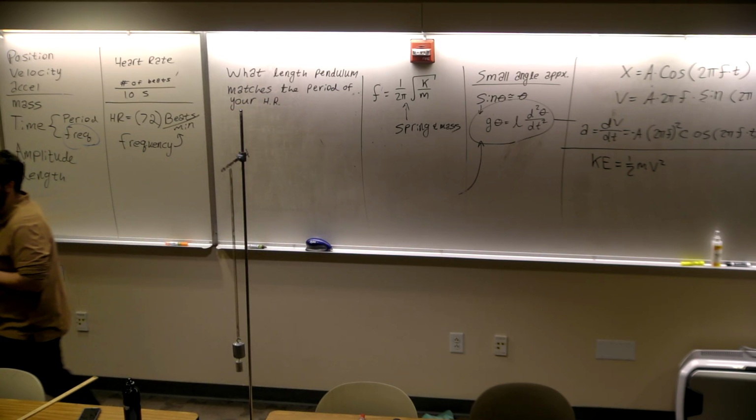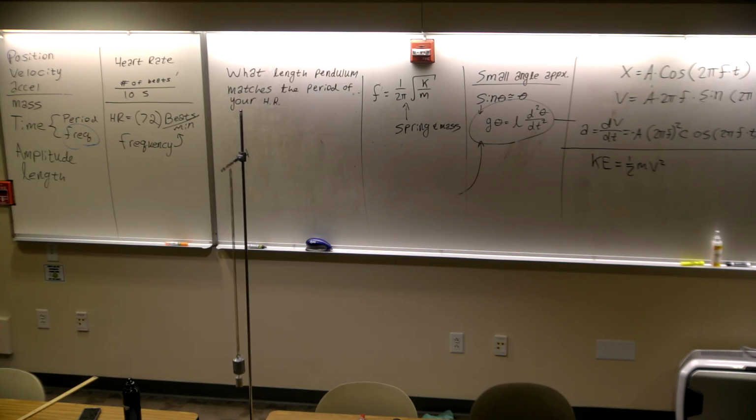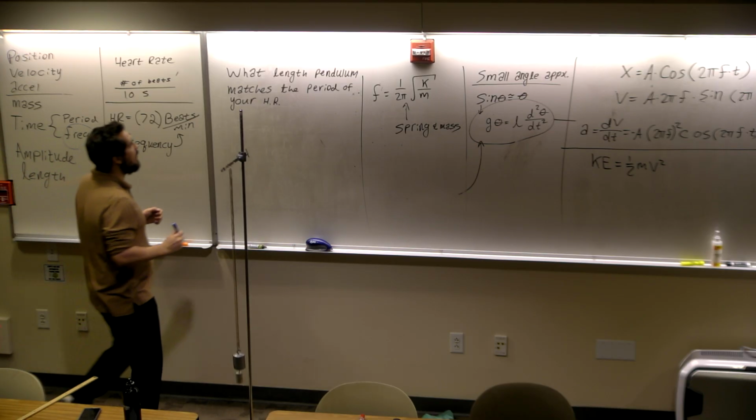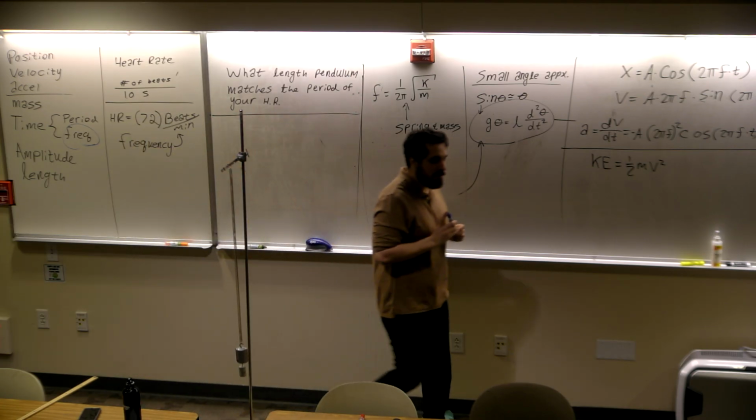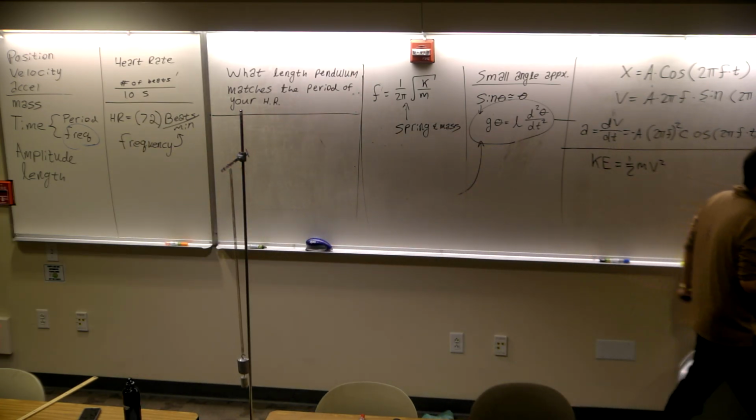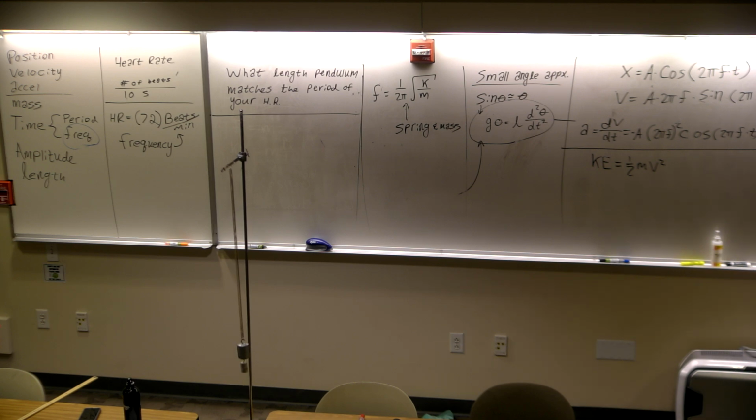Everyone here had a different heart rate, everyone will have a different length of the pendulum. I want you guys to calculate what length pendulum matches the period of your heart rate. Go ahead and calculate that out. Pretty simple enough calculation.